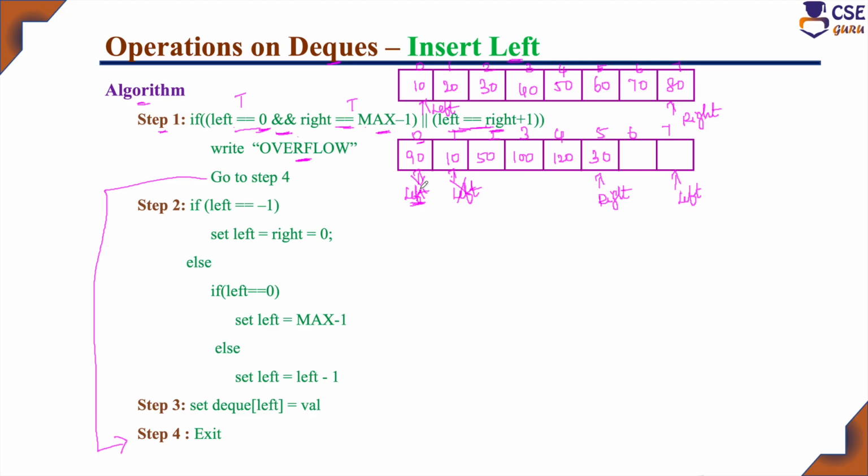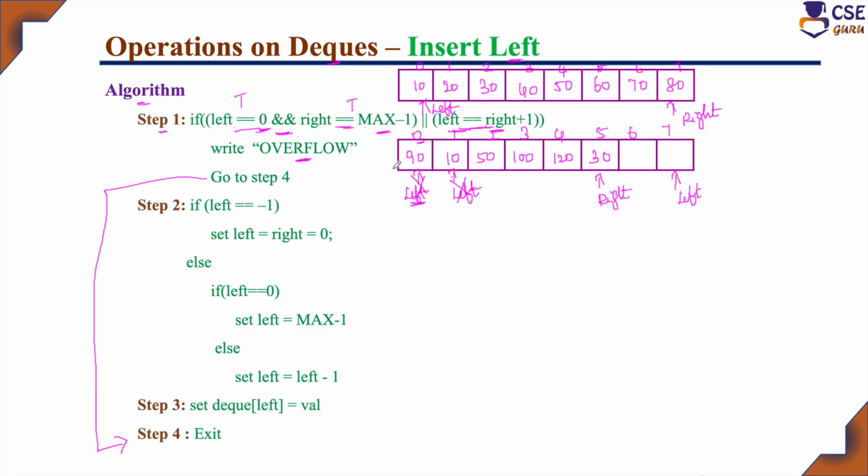You need to reset the left pointer from the 0th memory location to the max minus 1 memory location, because from here we cannot perform insert left any further. It has reached the maximum position towards left. That is, 0 is the maximum position towards left.